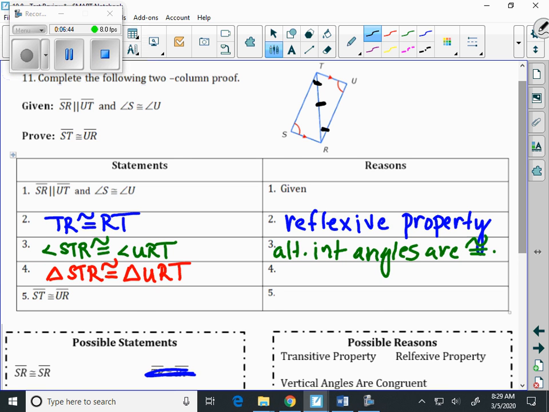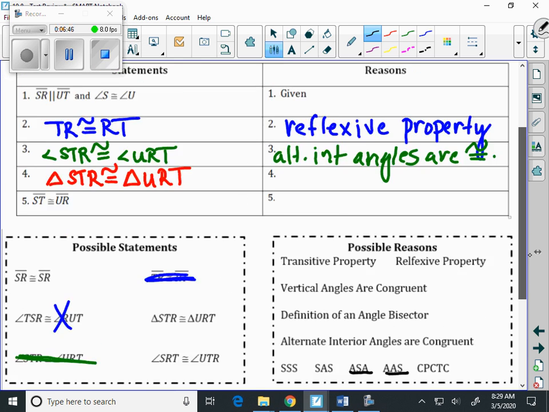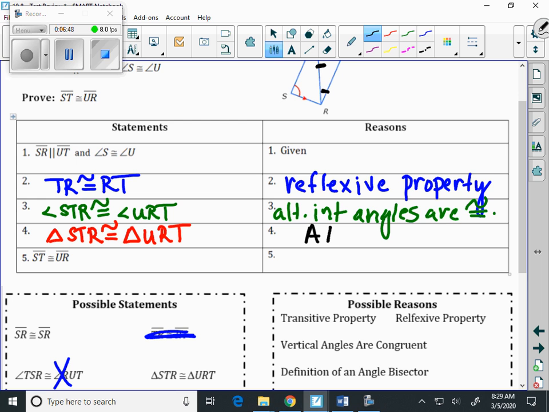Because the side is not included, this one's going to be angle, angle, side for a reason. And then lastly, why is ST congruent to UR? Well, those are parts of our congruent triangles, and that's going to be CPCTC: corresponding parts of congruent triangles are congruent.